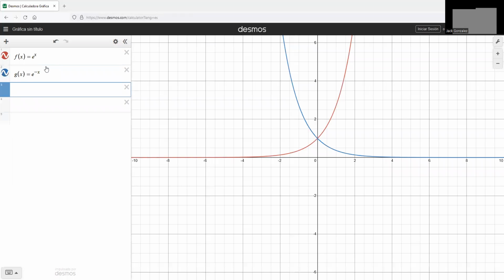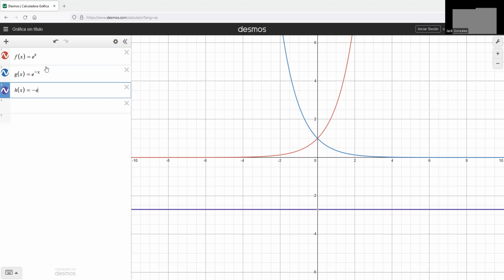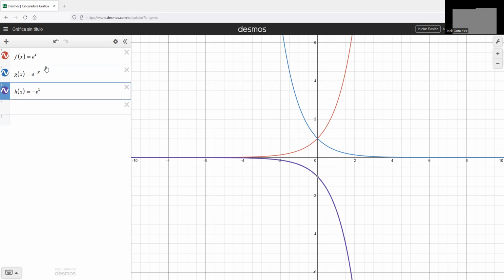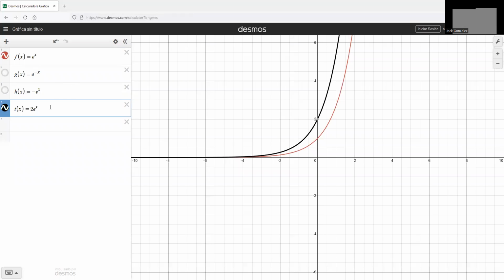If you put a negative in front, it's going to reflect the red one downward, etc. And if we were to put a 2 in front, ignore the other middle ones, doubling the function basically doubles your growth, right?